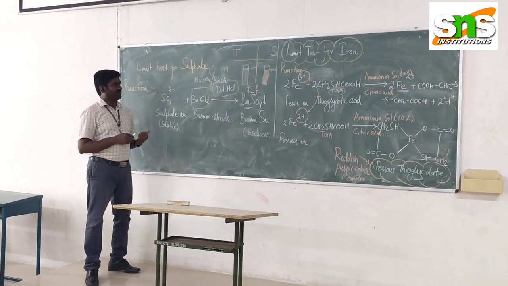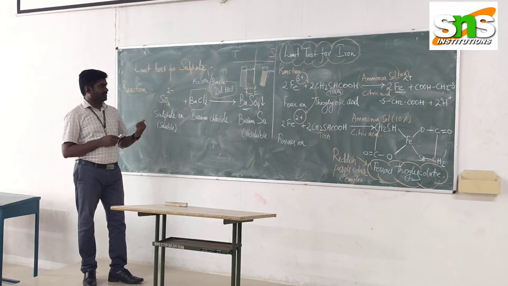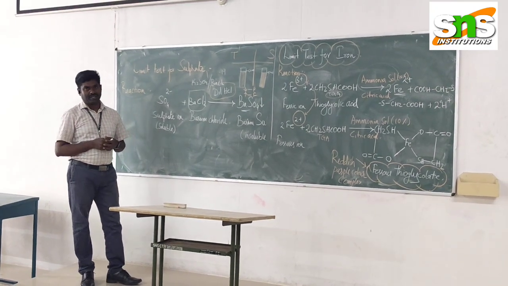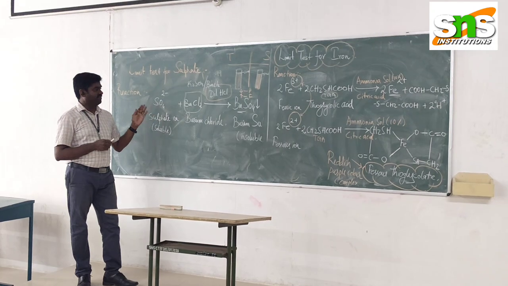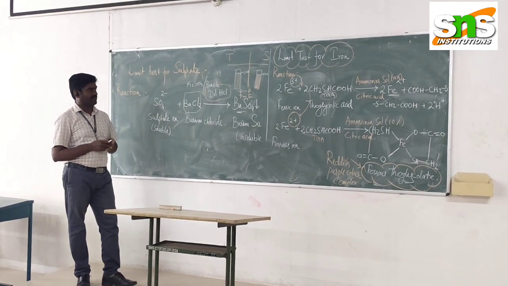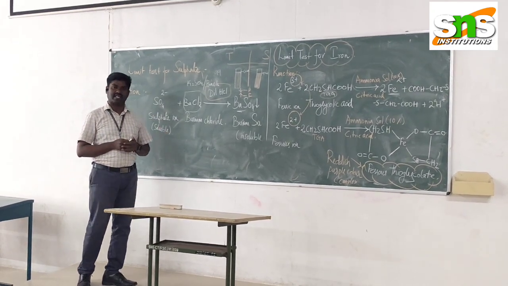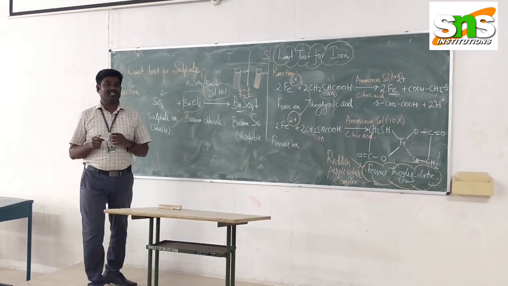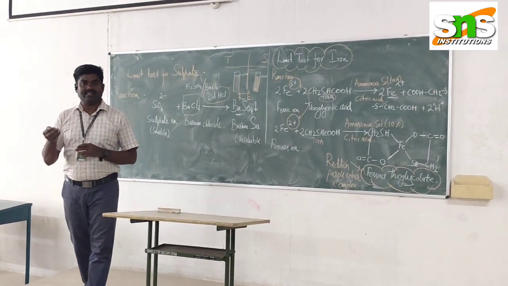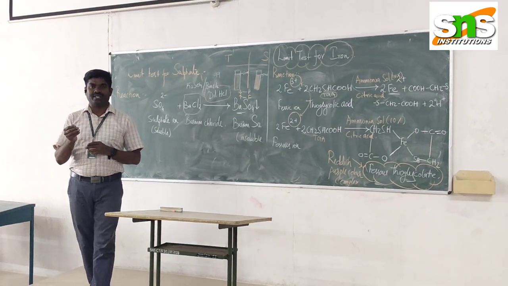When we add barium chloride reagent, the soluble sulfate ions react with barium chloride and form barium sulfate. The barium sulfate is white in color. We get it as a precipitate.